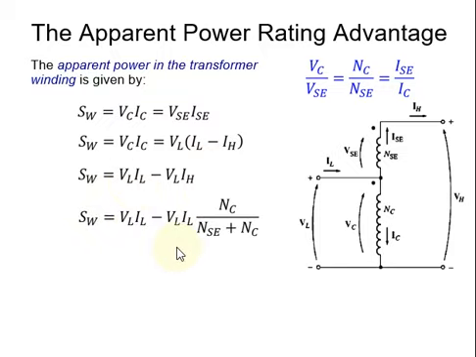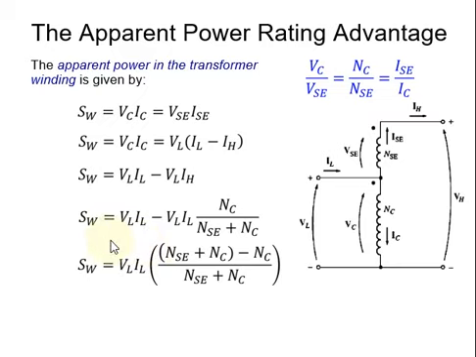Then we put in the value of IH from the relationship we discussed earlier, which is the transformation relationship. We get the equation where VL IL can be taken as common, and we take the LCM of NSE plus NC.